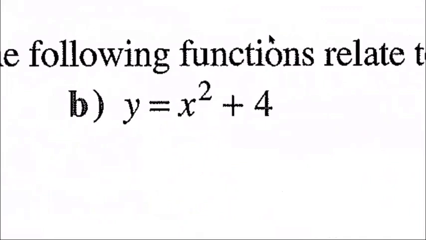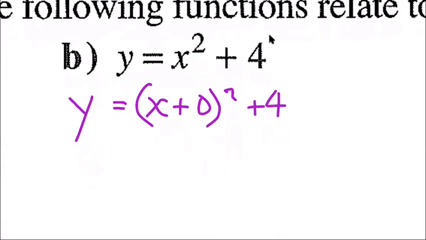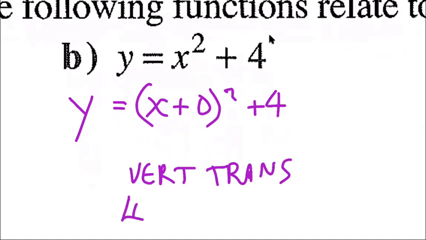Sometimes it's easier when you see that x squared by itself to go x plus 0 squared plus 4. That will help you with figuring out the coordinates of the vertex later. So this is just going to be shifted up. So it's a vertical translation, 4 units up.